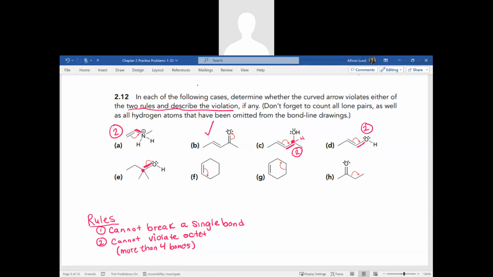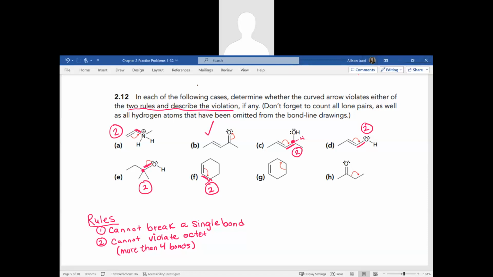Next, let's take a look at F. So we're seeing the same rule over and over, rule number 2. That's the case again with F. If we moved that double bond down here, this carbon atom already has a full octet with hydrogens, so that would be exceeded.